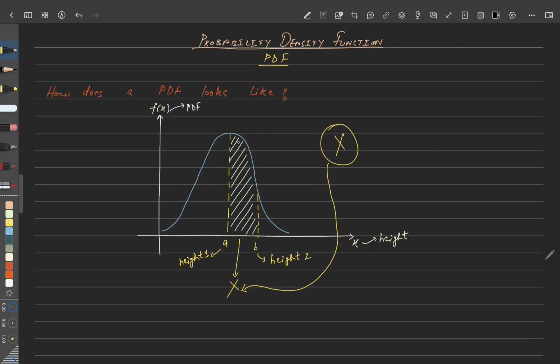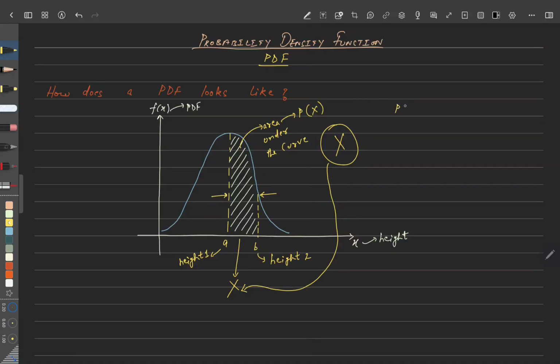So this area under the curve between points a and b will tell you the probability of height x being somewhere between a and b.